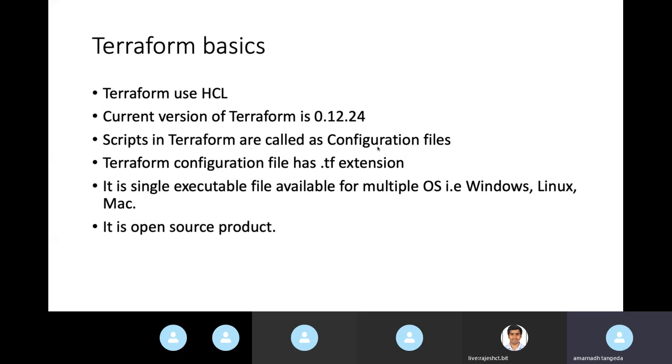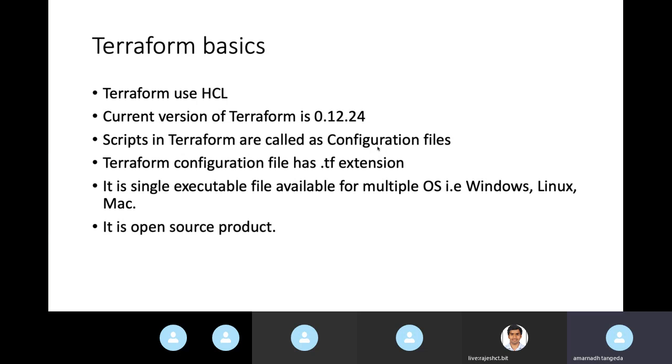As I said, key components, and we need to know some things for every programming language or technology. Terraform uses HCL, the HashiCorp Configuration Language, which is supported by HashiCorp and written in Go language. So the parent of this language is Go. The current version is 0.12.24, and this third point is very important. The scripts written in Terraform are called configuration files.